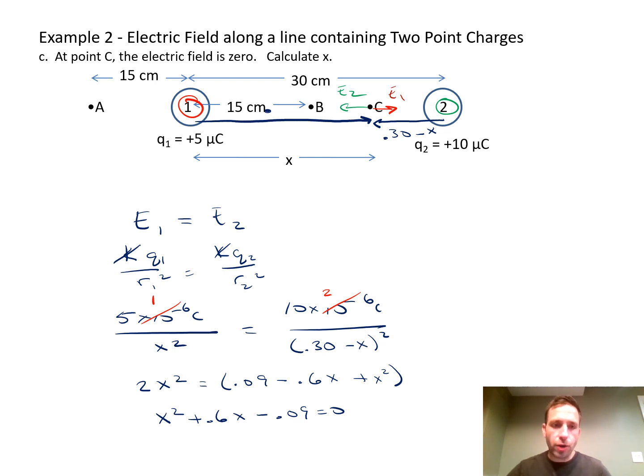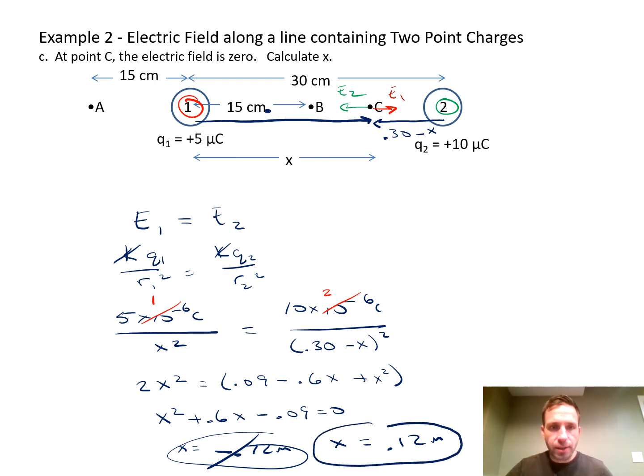So here we have a quadratic that I'm okay if you plug that into a solver, because I'm sure if everyone had the time, they'd be able to use the quadratic formula to solve. The roots turn out to be negative 0.72 meters and 0.12 meters. And the negative one doesn't make any physical sense here, so we're going to reject this one and say that the distance that we have to be from the 5 microcoulomb charge is 0.12 meters.